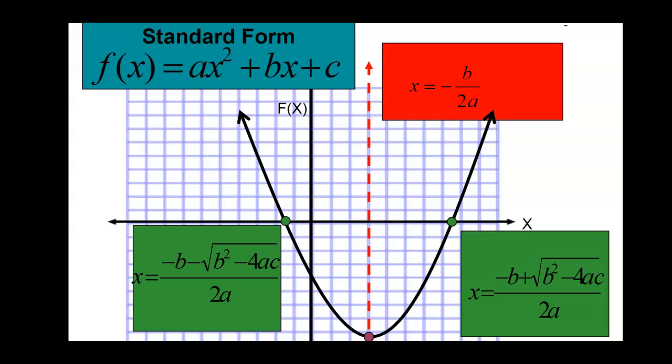James? Good. I don't actually want you to plug in negative b over 2a and write that out. I want you to find the number that you get from doing negative b over 2a, and that number should match this number, and you always find a y coordinate by plugging the x coordinate into the function. Is that okay with everybody? I know the notation's a little funny, but that's the idea.